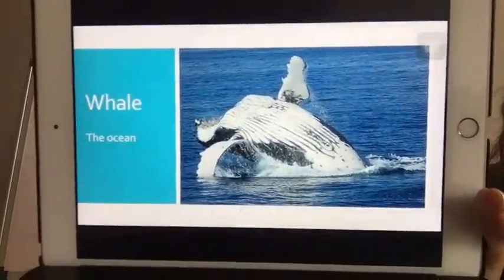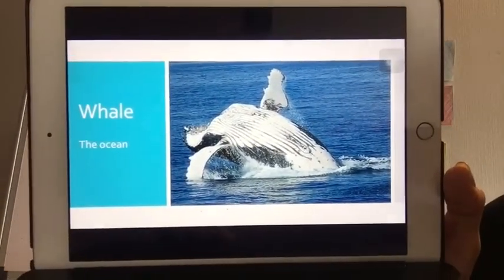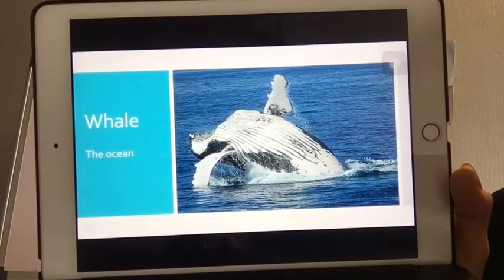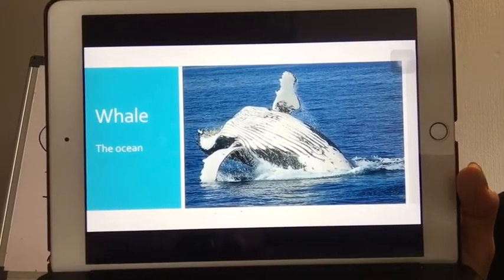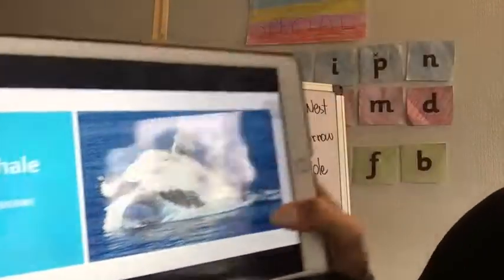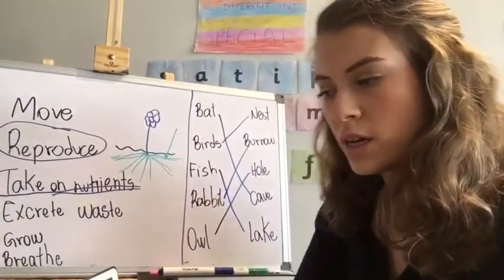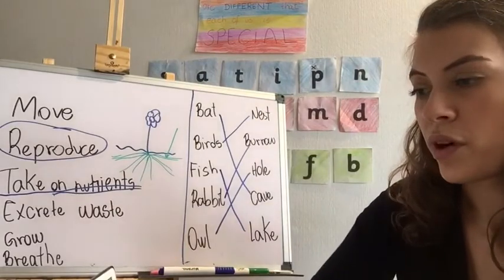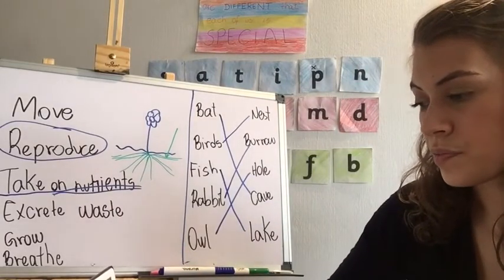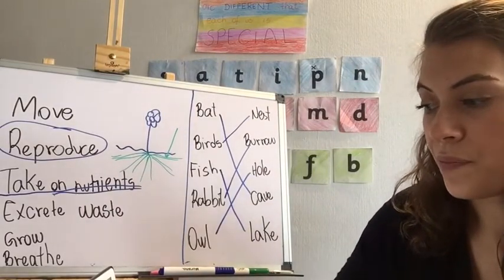And the famous whale. And it lives in the ocean. So these are some of the local environment animals here in Chile.